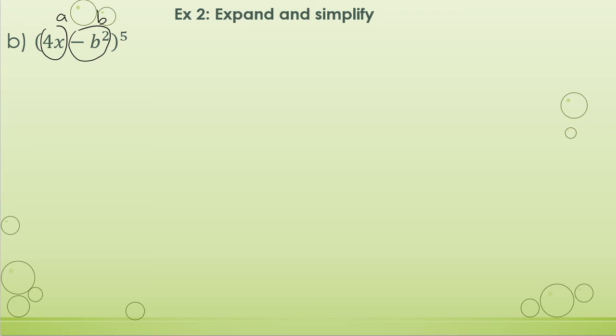And what that's going to do is make our terms flip-flop between positive and negatives. Our r value, 5. Look at row 5. That means you're going to have coefficients of 1, 5, 10, 10, 5, and 1.